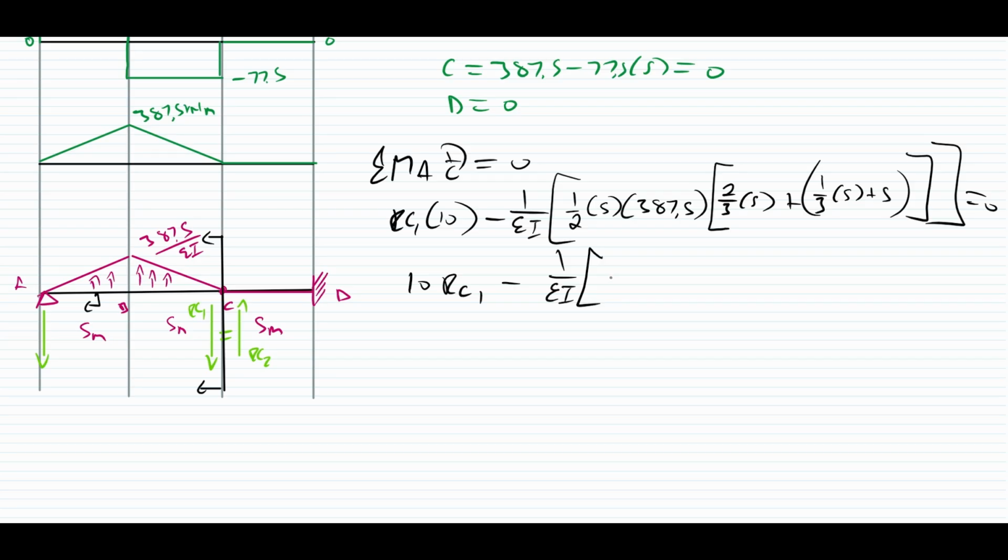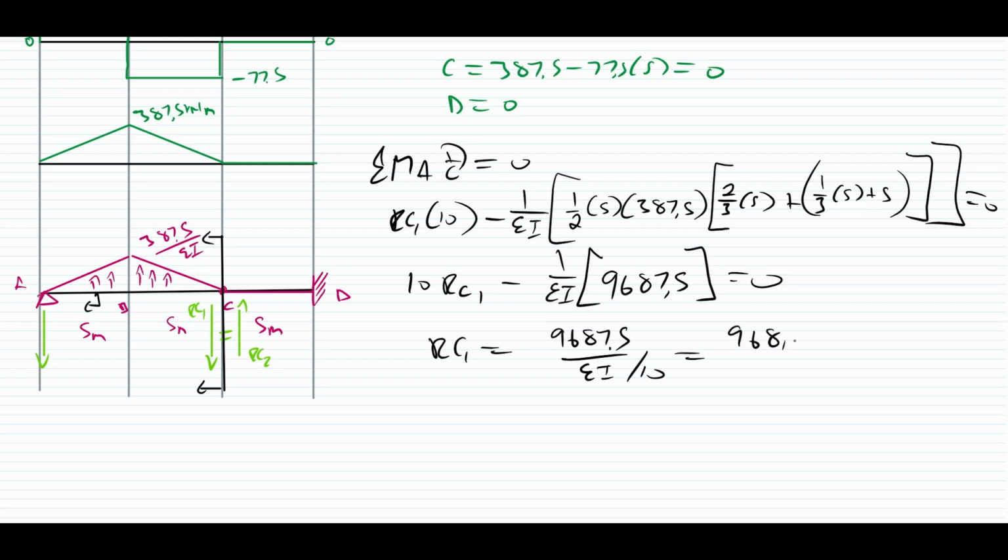And then you get 9687.5 equals 0. And then your RC1 is equal to 9687.5 divided by EI divided by 10, which is 968.75 divided by EI.